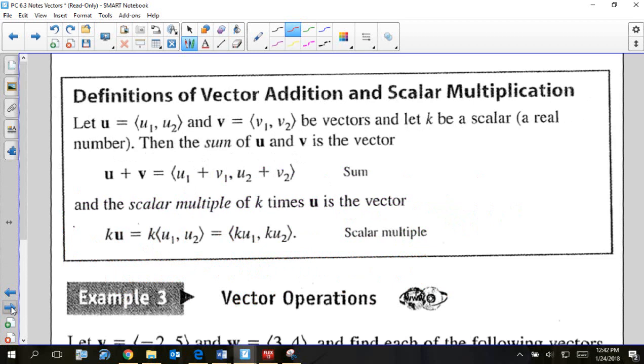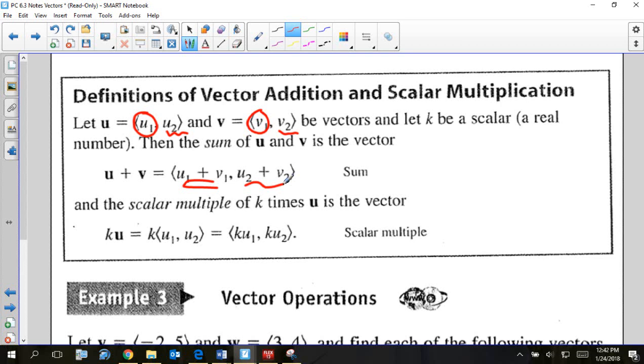Definitions of vector addition and scalar multiplication. I would say that these are a lot like when we did matrices. Remember when you add matrices, you just have to add the stuff that's in the same place together. So these are a lot like that, where you add together your x component, your horizontal component, and then you add together your vertical component and put it in the correct spot.